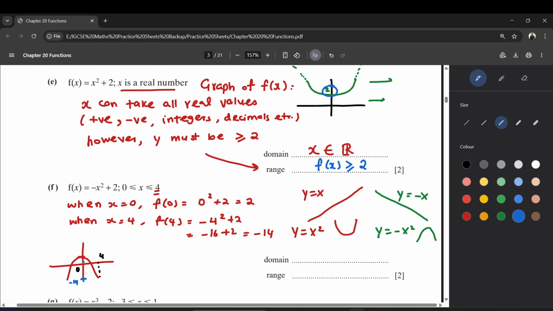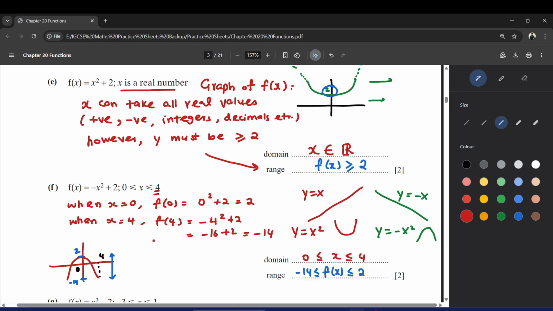And when x was 0, what was the y value? That was 2. So the range is going to be between 2 and minus 14. So I'm going to write down f of x is between minus 14 and 2. The lowest value comes on the left hand side, highest comes on the right hand side. And the domain is between 0 and 4.